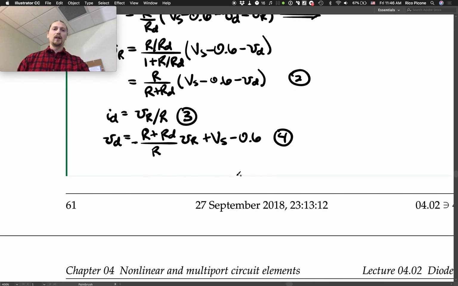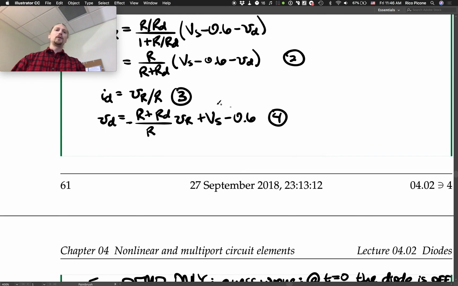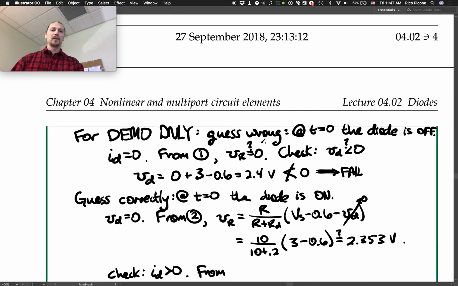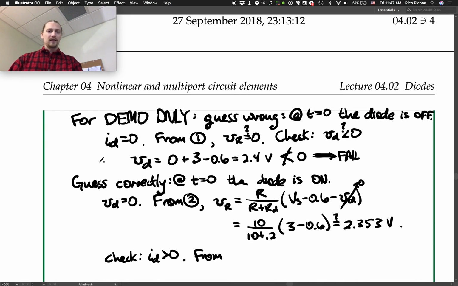I think it was 3. So we used 4 here, right? 4 got used there.